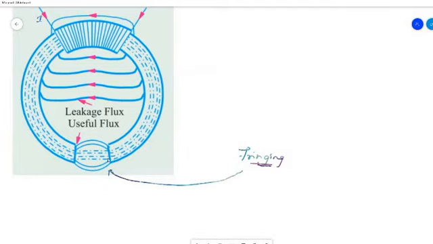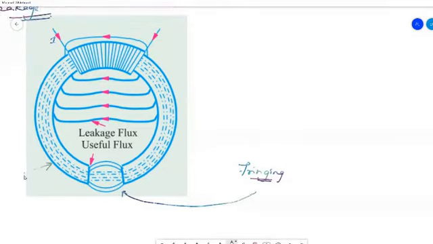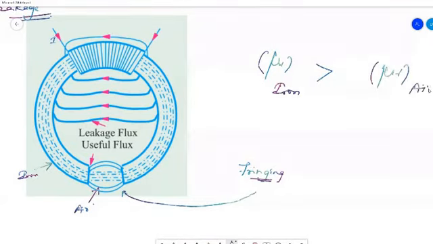At the region of lower value of mu r, let us say this is iron and this is air. The mu r for iron will be much higher compared to the mu r for air.